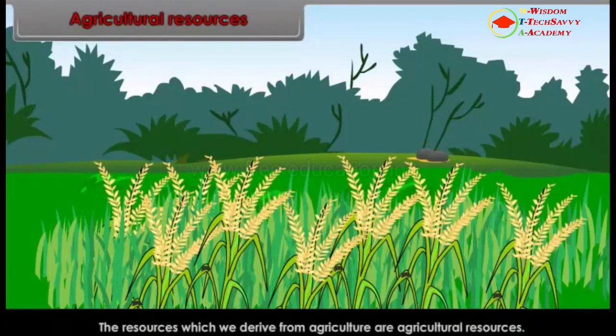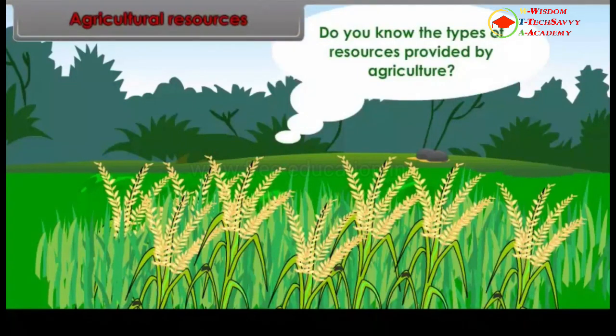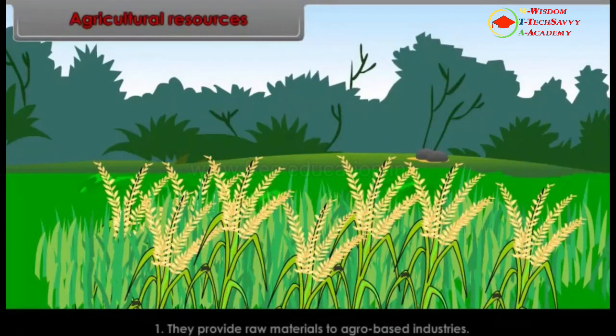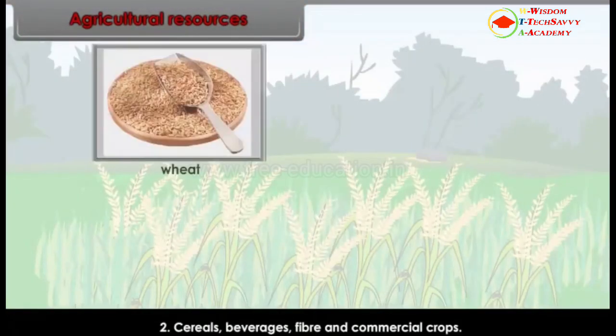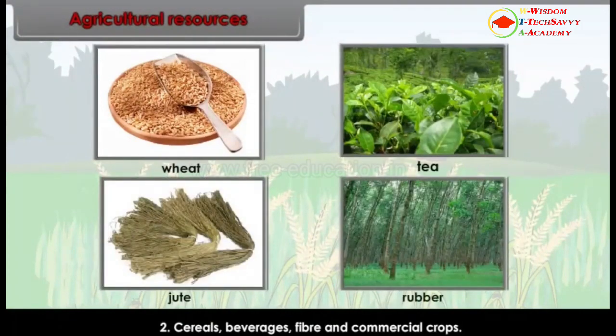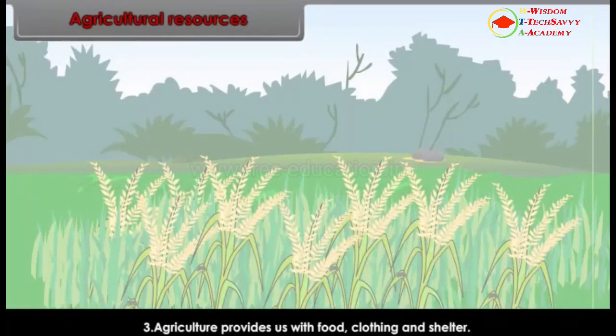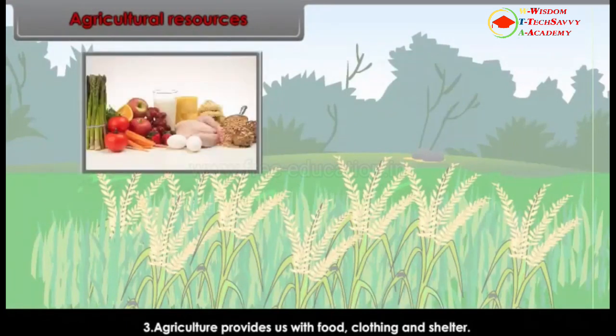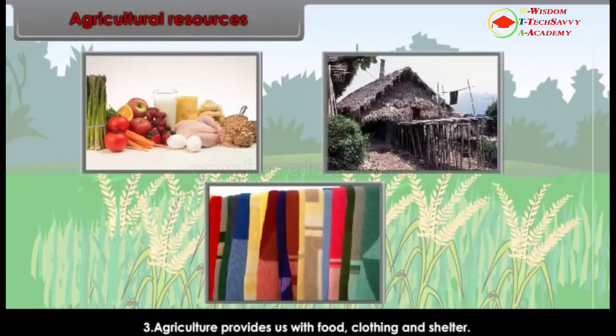The resources which we derive from agriculture are agricultural resources. Do you know the types of resources provided by agriculture? They provide raw materials to agro-based industries: cereals, beverages, fiber, and commercial crops. Agriculture provides us with food, clothing, and shelter.